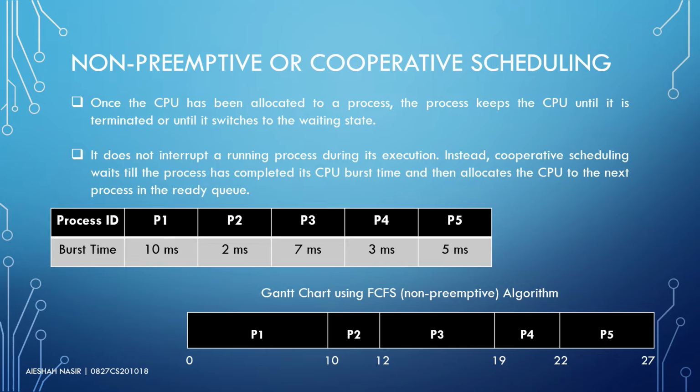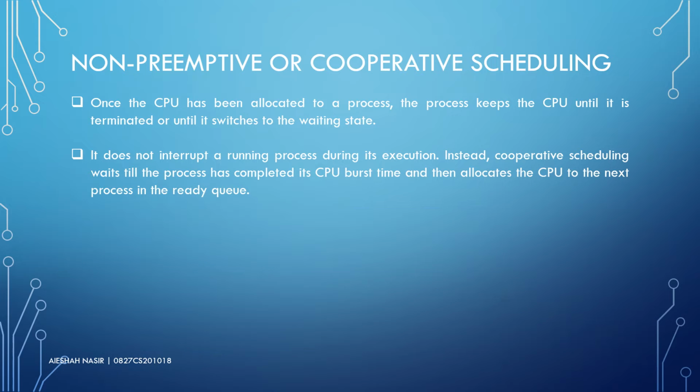Then the next process in the queue, which is P3, will run for another 7 milliseconds, that is up till the 19th millisecond, and get terminated, and so on and so forth. And this process continues until all the processes in the ready queue are over.